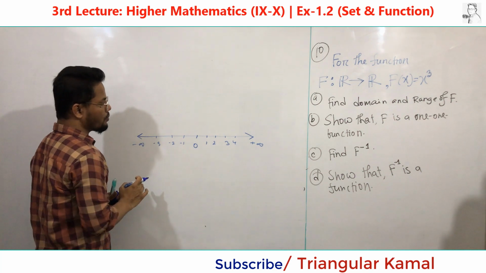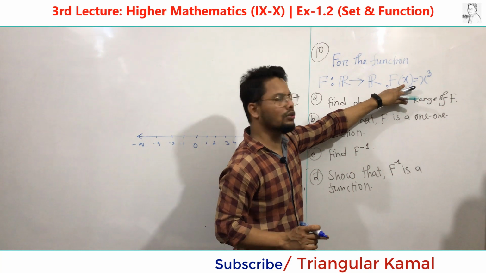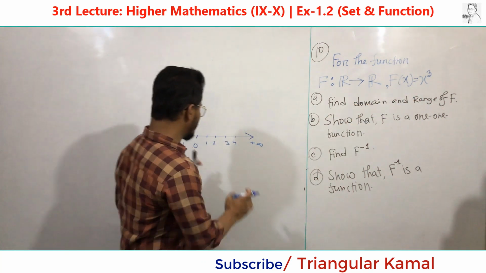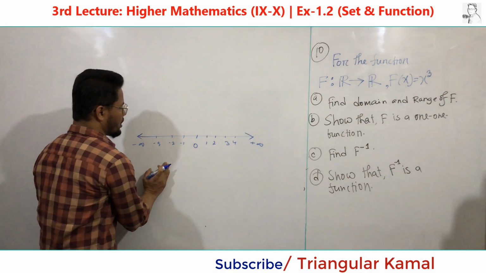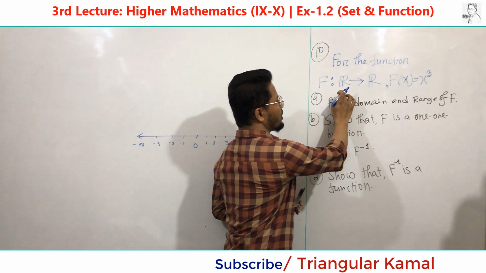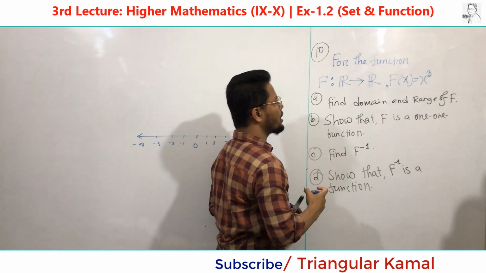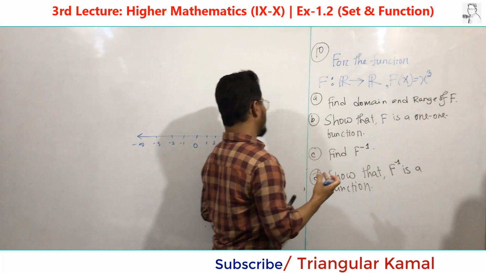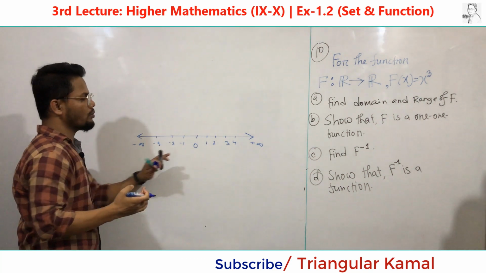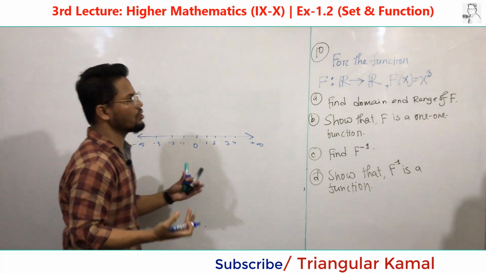For any values of x, you can apply any value in the real numbers, maybe a positive number, maybe a negative number or 0, you can apply any value. This is the domain, and codomain is also the real numbers, and you will get any number, maybe positive or negative or 0 or fraction, integer or rational, irrational.